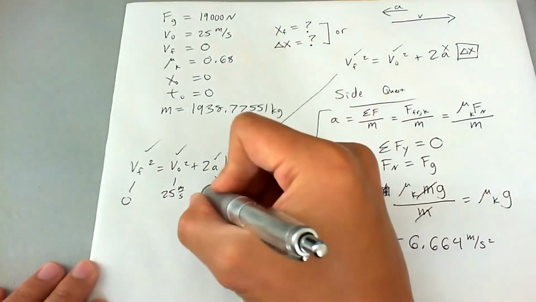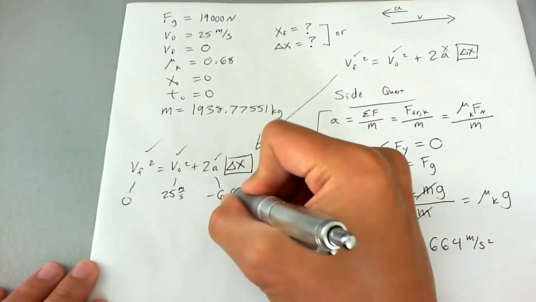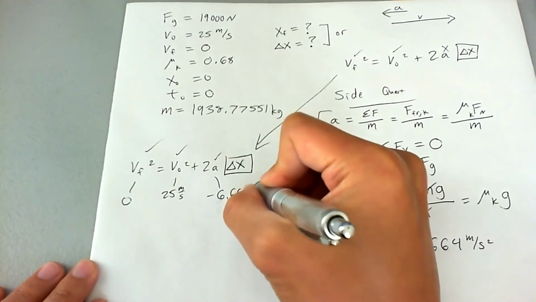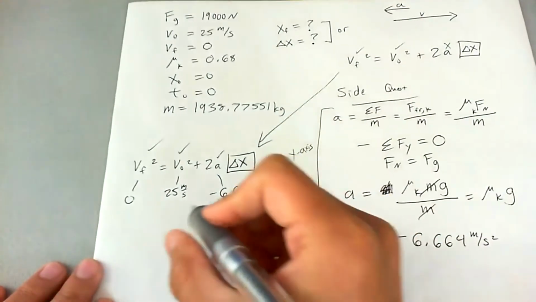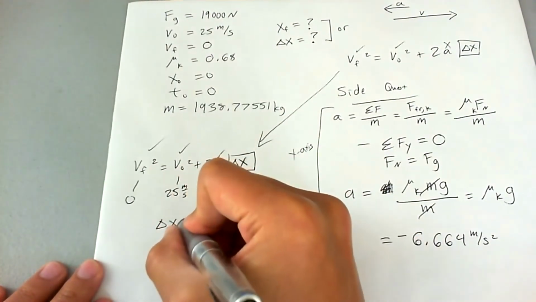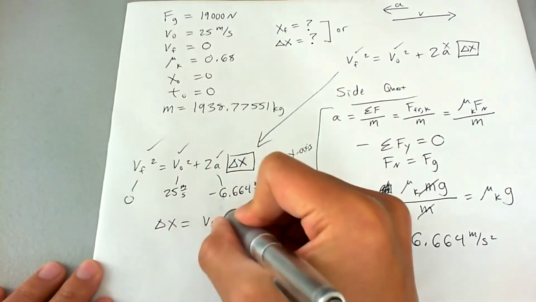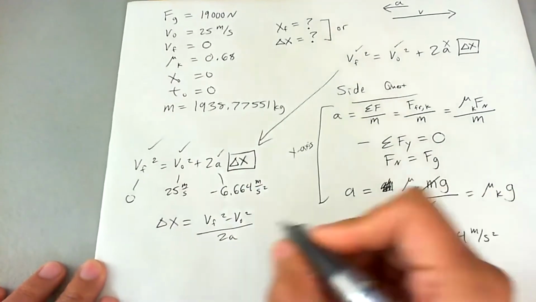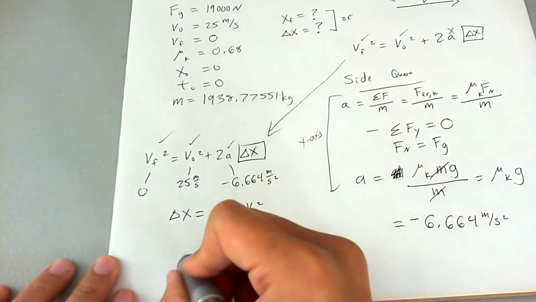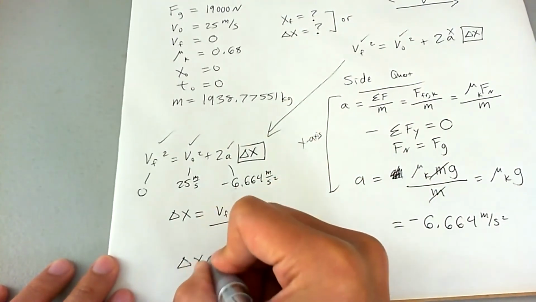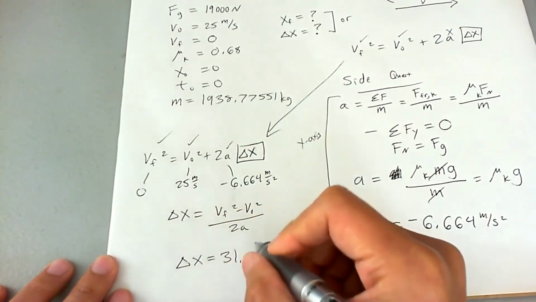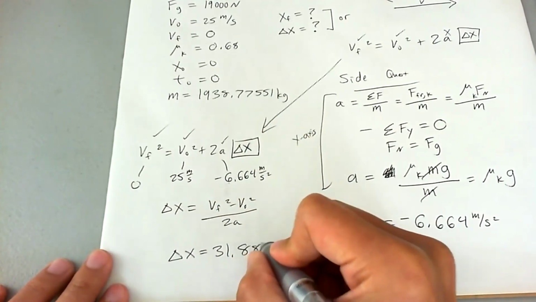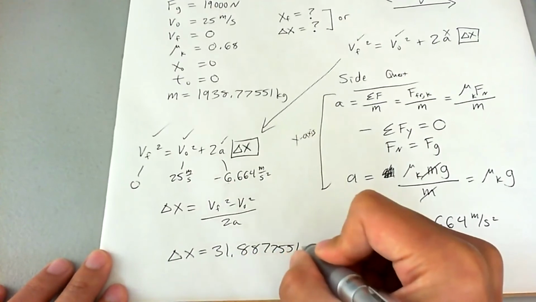And acceleration is going to be negative 6.664 meters per second squared. Delta x by itself is going to be V final squared minus V initial squared divided by 2a. And plugging in all these values, we get delta x to equal 31.88775551 meters.